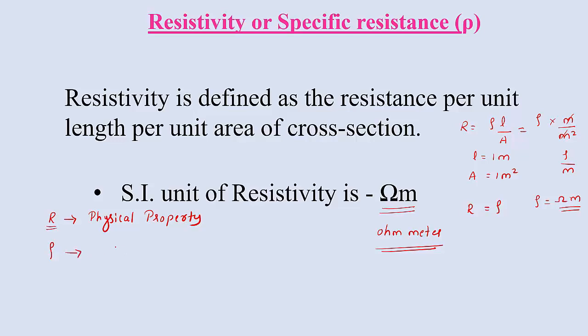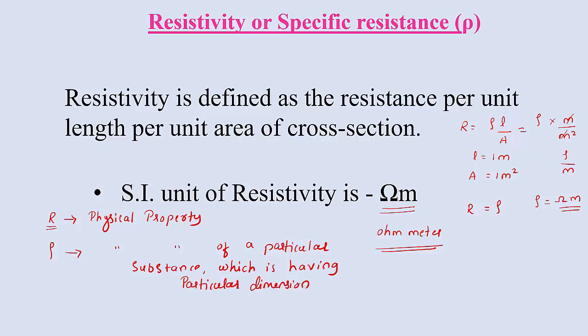Resistivity is also a physical property, but specific to a particular material having particular dimensions. Resistance is the general definition, but resistivity is applicable for a particular material and particular dimension.